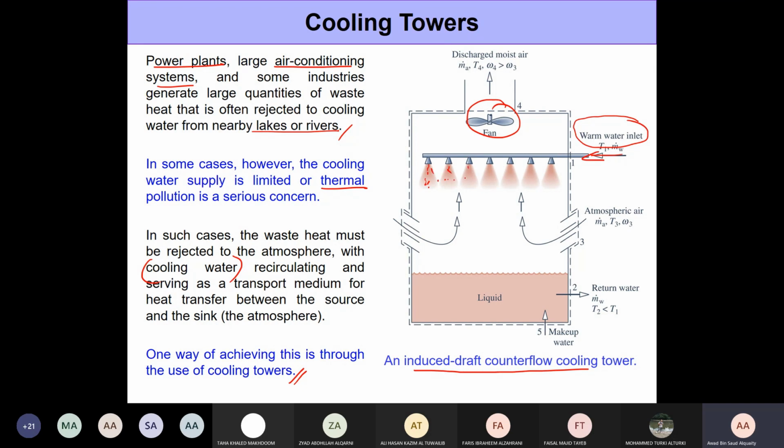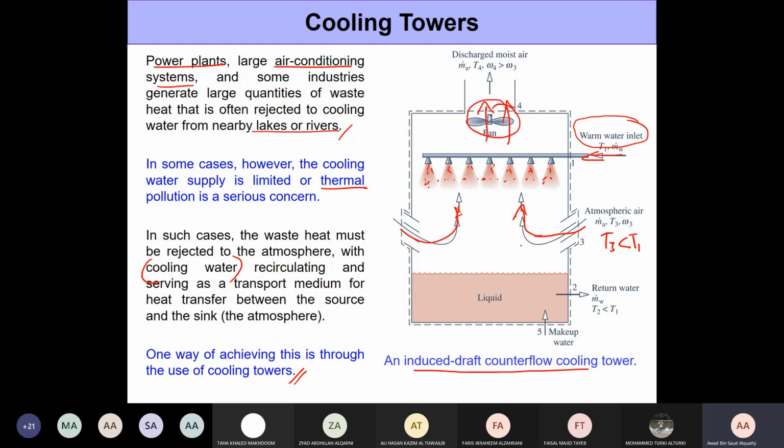So you see water droplets falling down from the top, and then we have atmospheric air, usually at a slightly lower temperature. So T3 is typically lower than T1. The air is sent in at a location below the water inlet. You send it from the bottom, and you have a fan at the top to direct the airflow, so you're pulling the air up through the top.